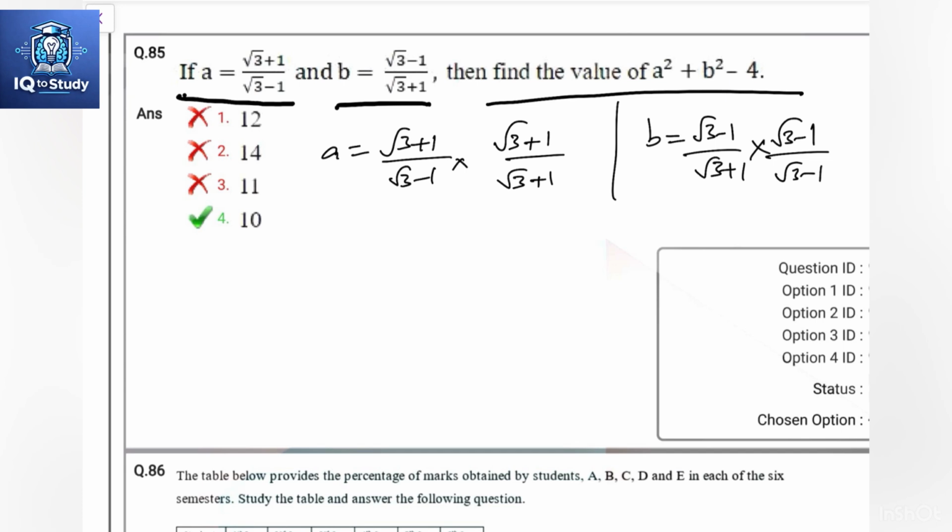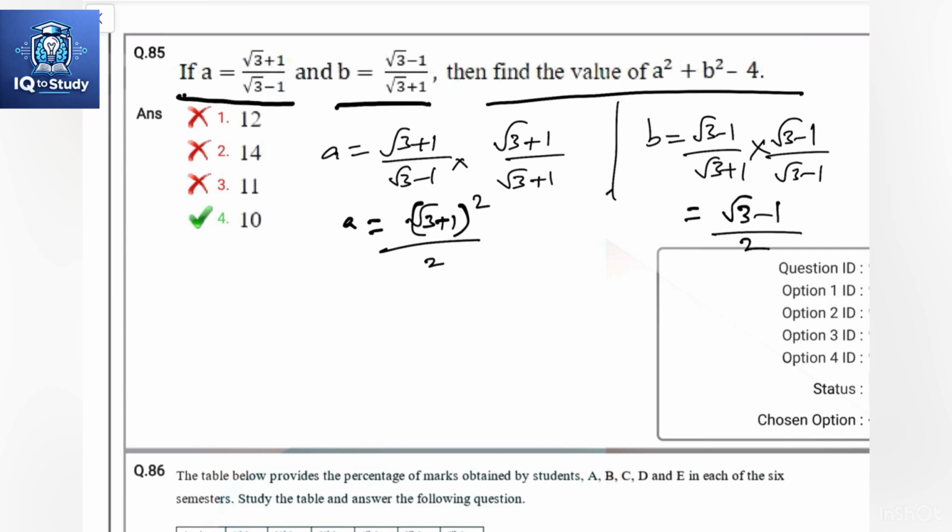We know that A plus B into A minus B is A square minus B square. By this we get root 3 plus 1 whole square by 2 and here root 3 minus 1 by 2.